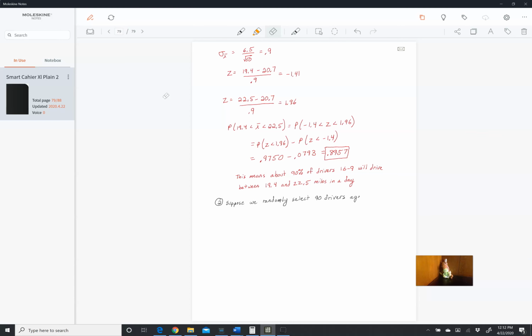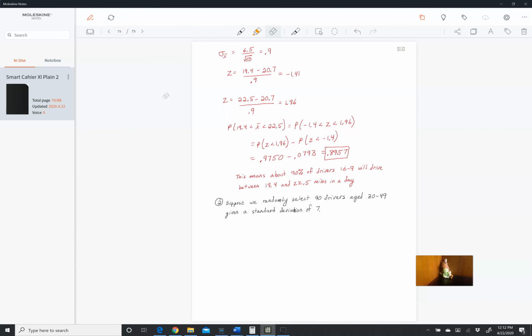But this time we'll use 30 to 49. And our standard deviation in this case is 7.